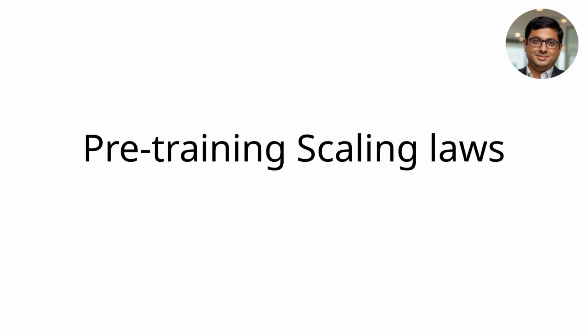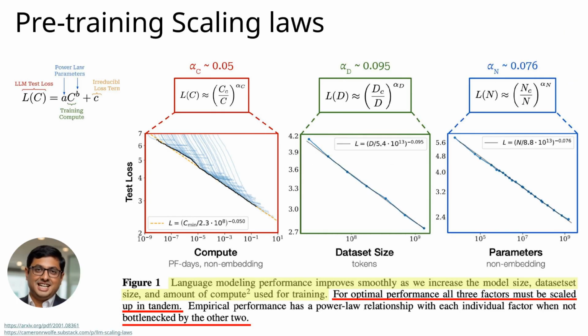Let's now dive deeper into pre-training scaling laws. These laws are derived empirically. Pre-training scaling laws show that model intelligence and accuracy reliably improve as we increase dataset size, model parameters, and compute. This relationship follows a power law. Each time we scale any one factor, data, model size, or compute, the performance improves in a predictable, mathematically defined way, but only up to the point where another factor becomes the bottleneck.